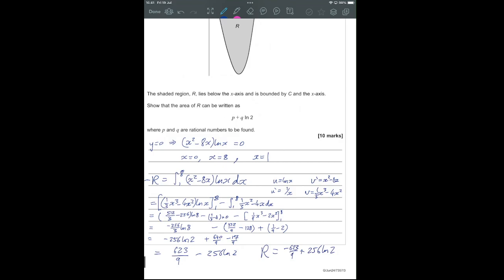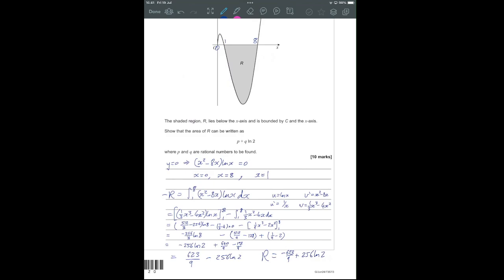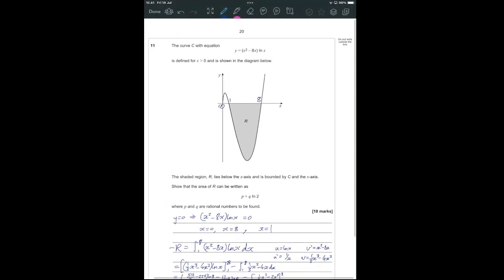Now, when we get to an answer like that, there's a couple of things which we should do to check. First thing I checked, I typed R in to check that it was actually positive, and it's roughly 108. Now, because we've got our super fancy calculators, we can actually estimate this integral using the calculator. So I'm also, in my calculator, going to integrate this thing and hope that I get a very similar looking answer. So x squared minus 8x ln x between the limits of 1 and 8.